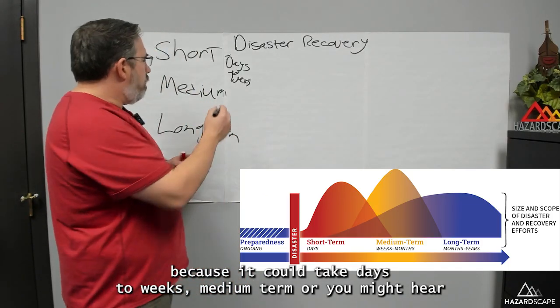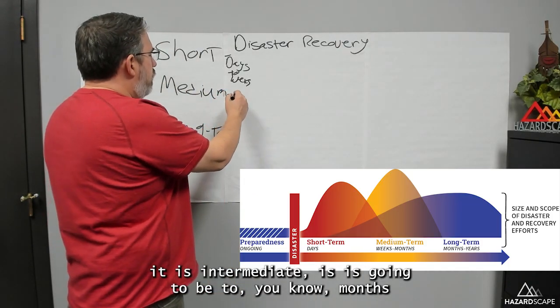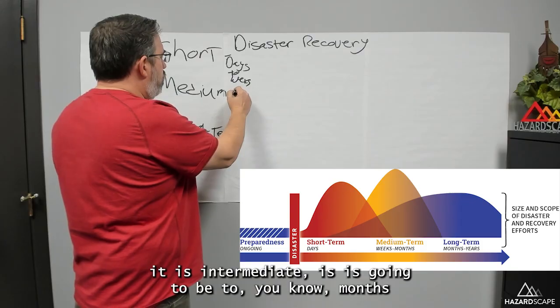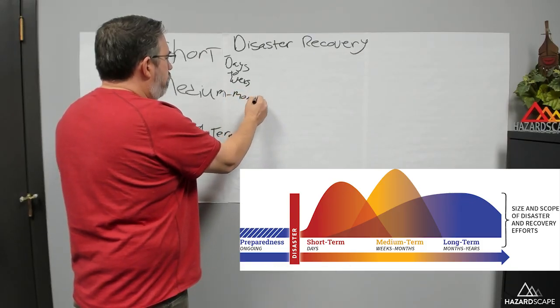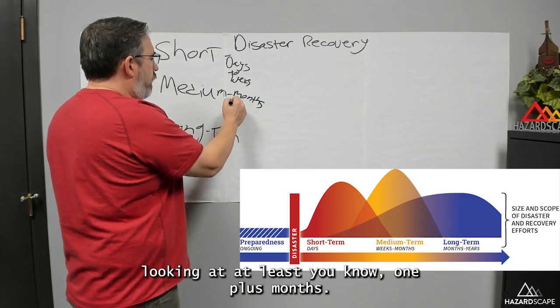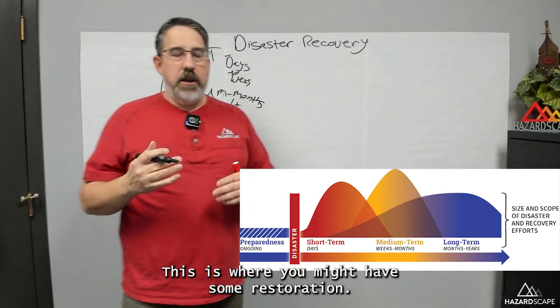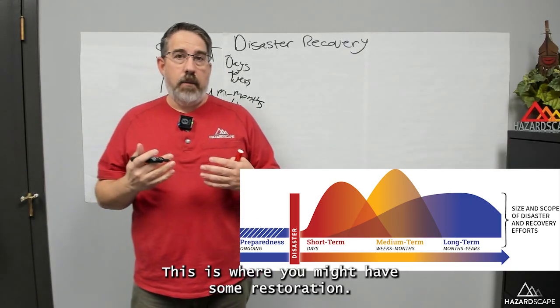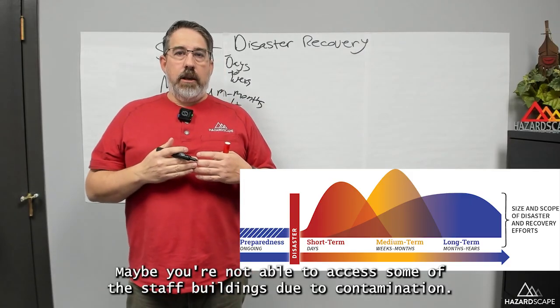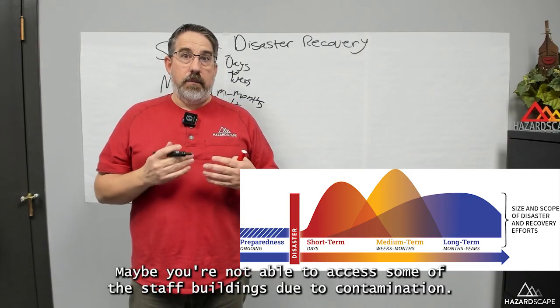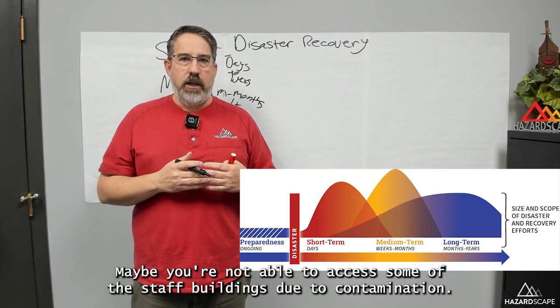Medium term, or you might hear it as intermediate, is going to be months, where you're looking at least 1+ months. This is where you might have some restoration. Maybe you're not able to access some of the staff buildings due to contamination.